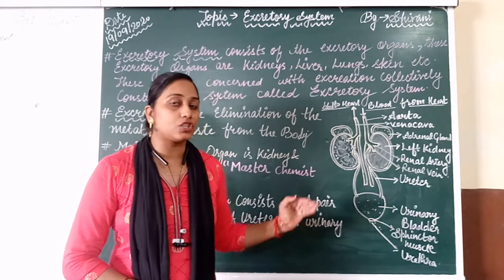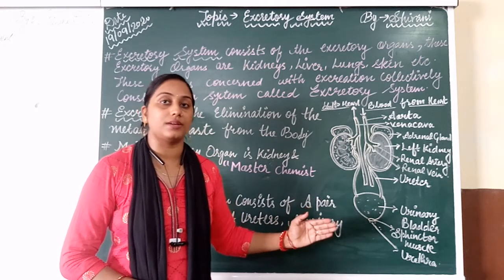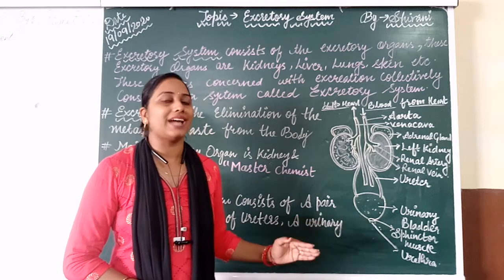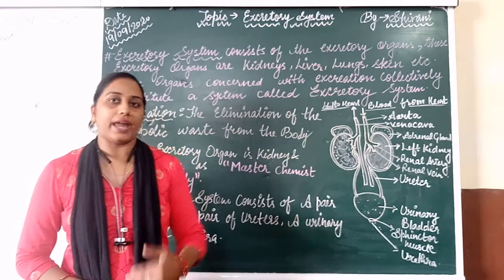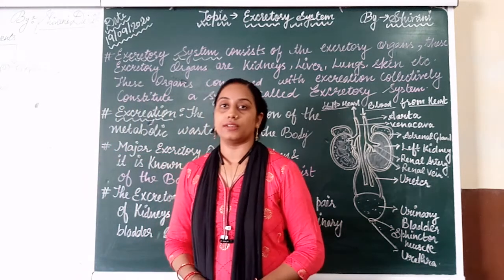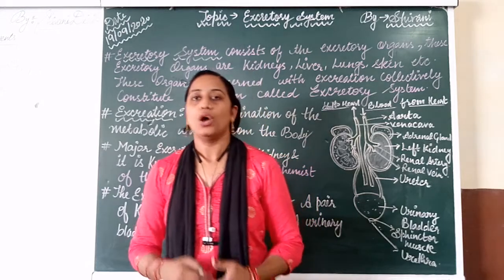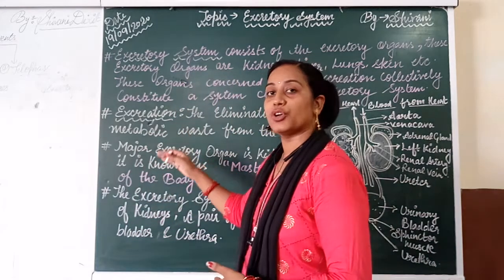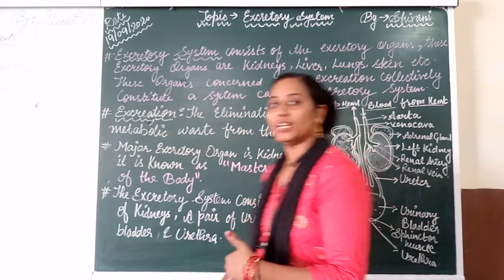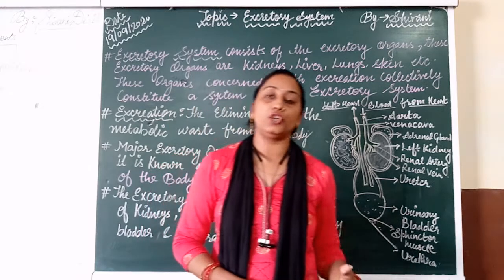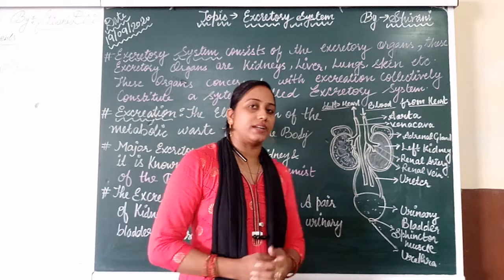In this topic we will discuss how the human excretory system is made up and what the parts related to it are. What is the explanation of the excretory system, what is the definition of excretion, what are the major excretory organs, what are the accessory organs, and what is the structure of the excretory system.